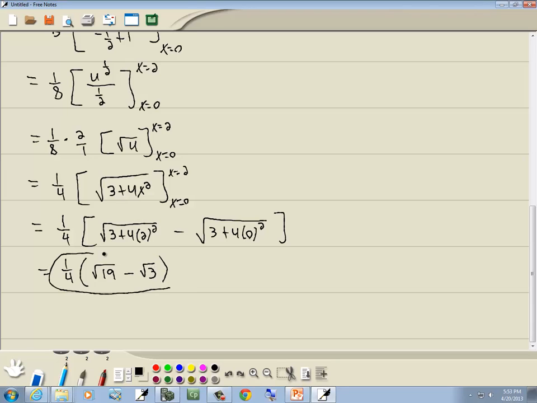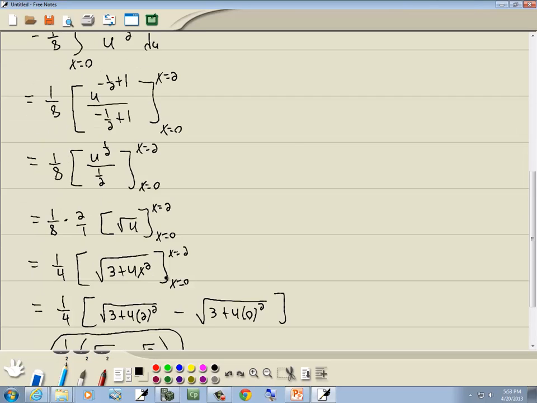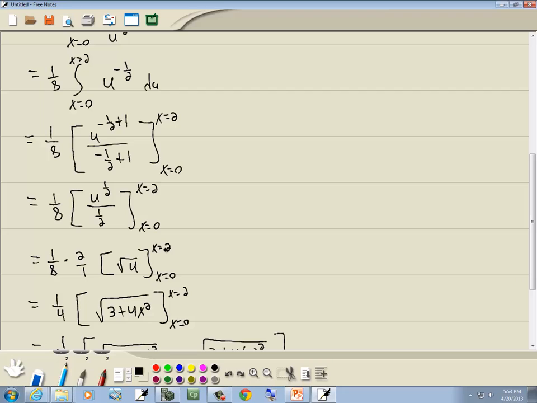And that's our answer. Now this is the way I like to do it. I like to do my u-substitution, simplify, then plug my u equals whatever back in, and then plug in my x values. Some people do it different. I like it this way because it kind of flows with our normal u-substitution.